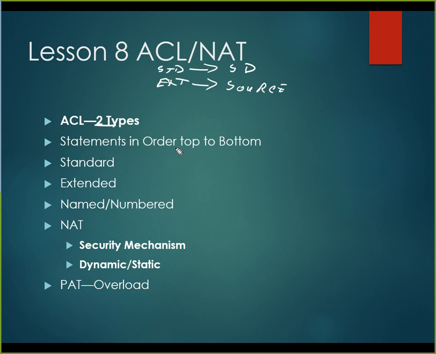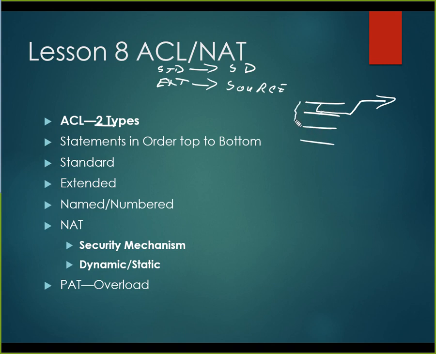The statements are in order from top to bottom, and the packets check the statements from top to bottom to see if something applies. If something applies, it executes that one and doesn't look any further. If it's a deny, it's automatically denied. If it's a permit, it's gone. It doesn't check anything below that. That's where order becomes significant.